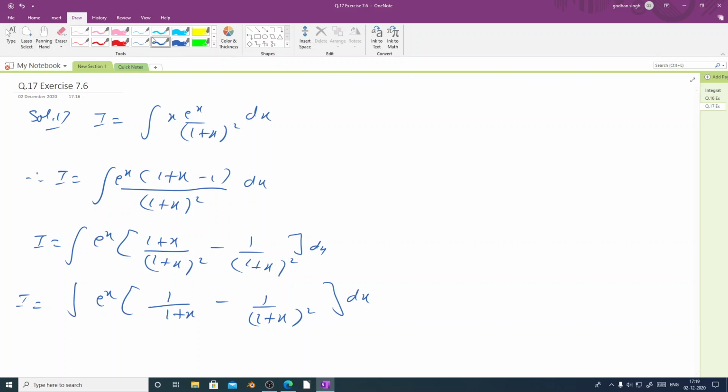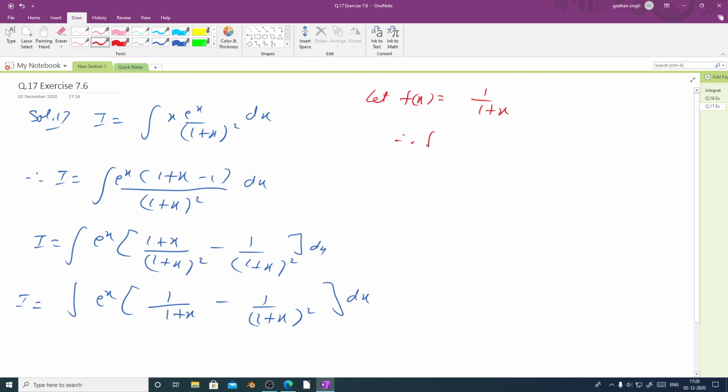dx. Now we have to choose wisely which one to select as f(x). We know that the derivative of 1 by x is minus 1 by x square, so we will select 1 by (1 plus x) as f(x). Let f(x) equal to 1 over (1 plus x).